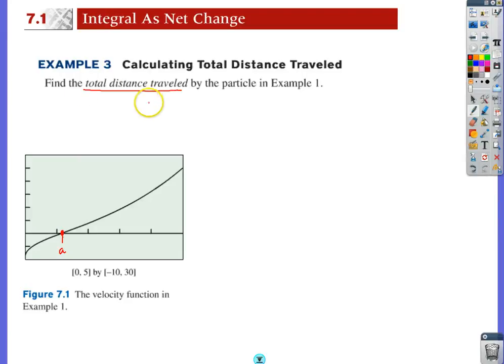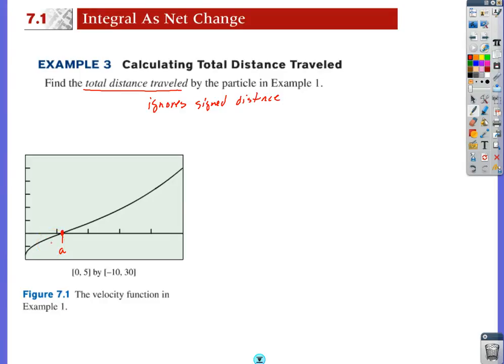Total distance traveled ignores signed distance. So when it says I travel 3 to the left and 4 to the right, my total distance traveled is 7. My displacement is 1. So when it's asking for total distance traveled, it wants to somehow make all my negative area positive and make all my positive areas stay positive.